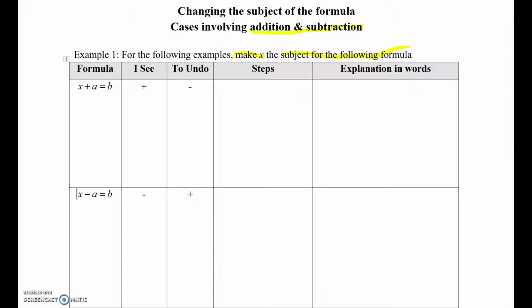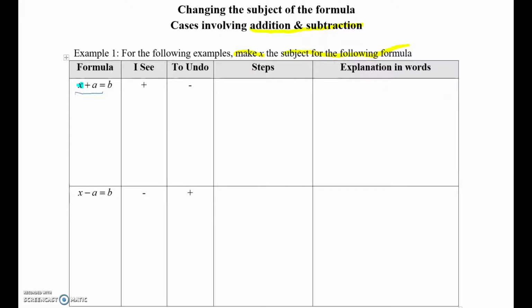We notice that on the left side of the formula, we have an expression x plus a. To make x the subject of the formula, we need to remove a from the left side of the formula. To do this, we need to find the zero pair for a.